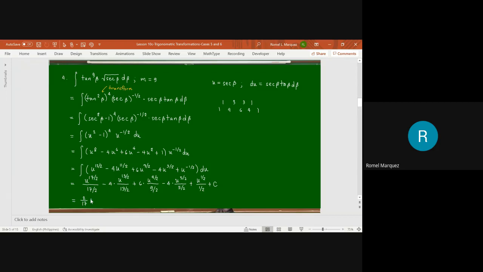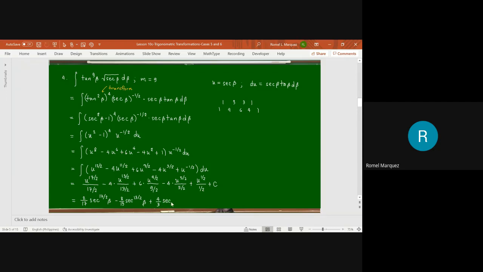Then what is u? Secant, no? Secant to the 17 over 2 of beta minus 8 over 13, secant to the 13 over 2 of beta plus 12 over 9. But 12 over 9, there is a common factor from the numerator and denominator. So 12 over 9 divided by 3: 12 divided by 3 is 4, 9 divided by 3 is 3. 4/3, no?